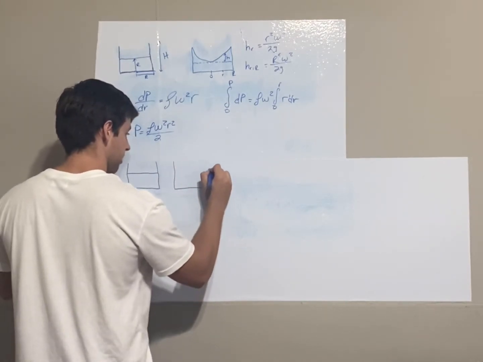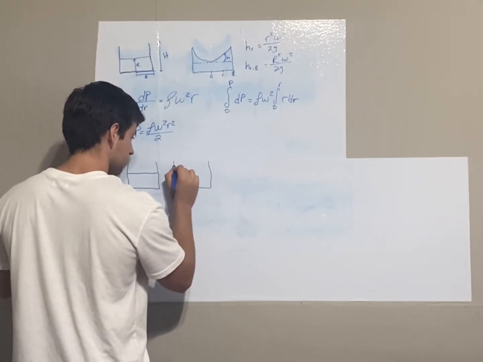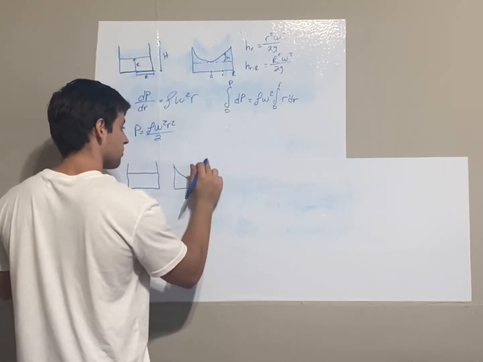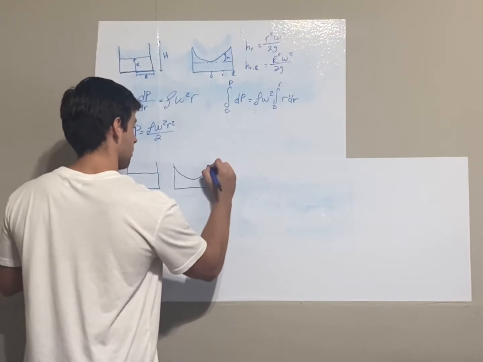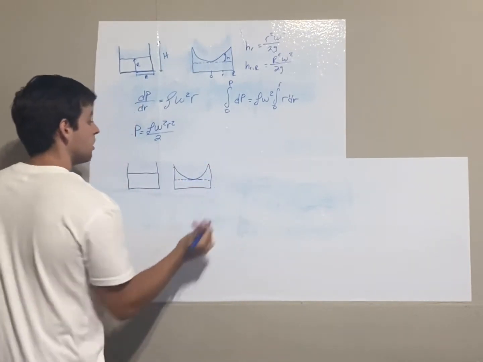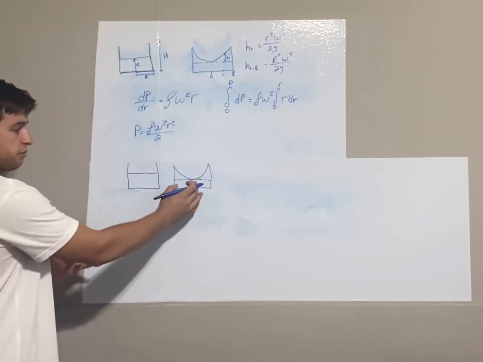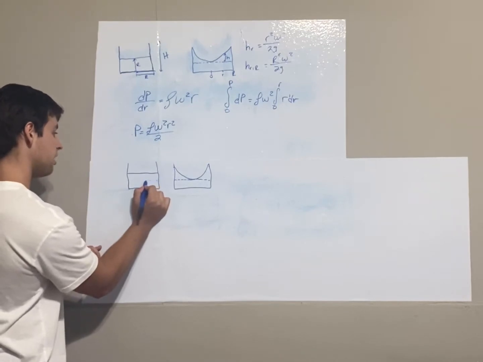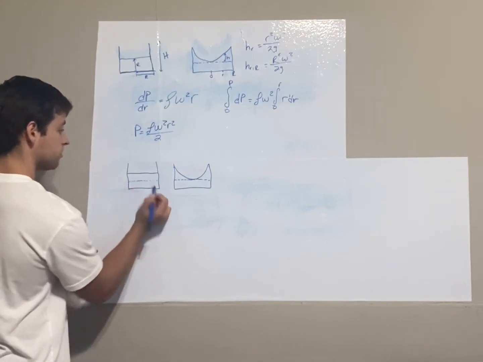Draw our other diagram. So I'm drawing a dashed line at the very bottom of the parabolic shape, and I'm going to continue it into the stationary one.